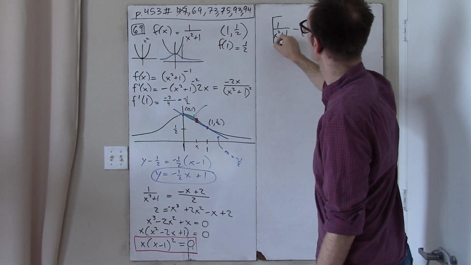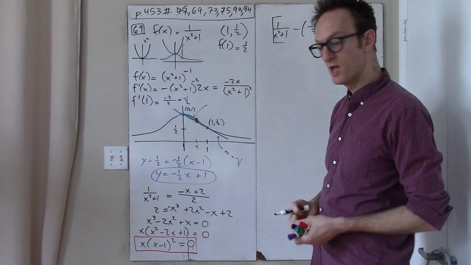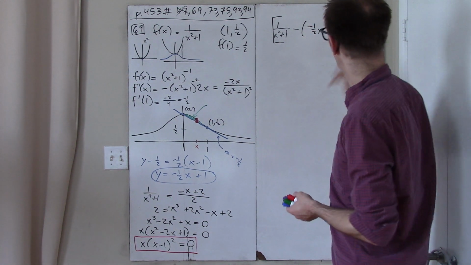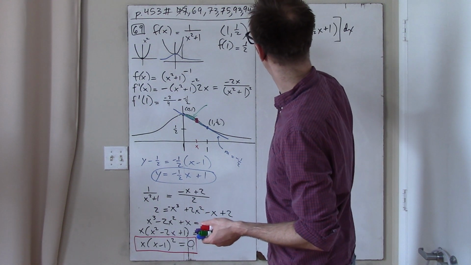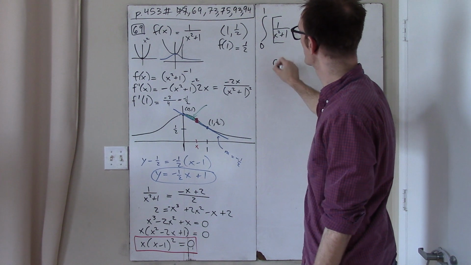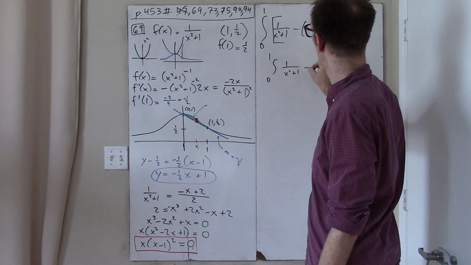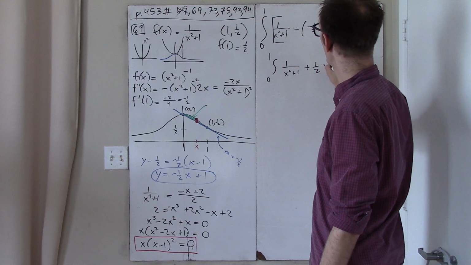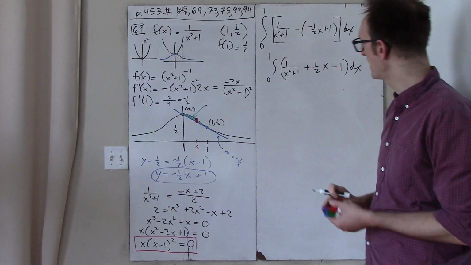That expression gives me the height of that rectangle. If I multiply by the thickness of the rectangle, which is dx, then I just integrate from 0 to 1. So this whole problem is really just the integral from 0 to 1 of 1 over x squared plus 1 plus 1/2 x minus 1. And this is just easily done.